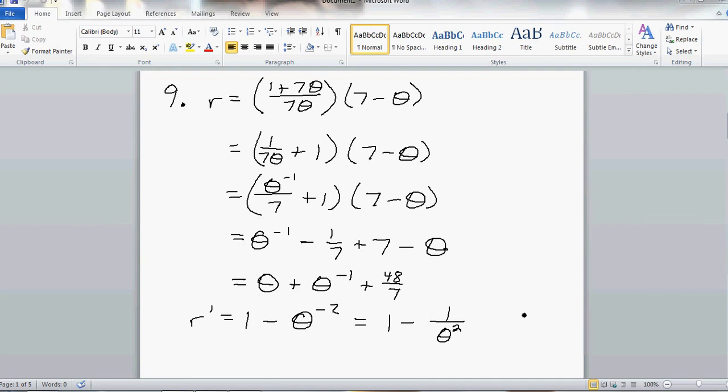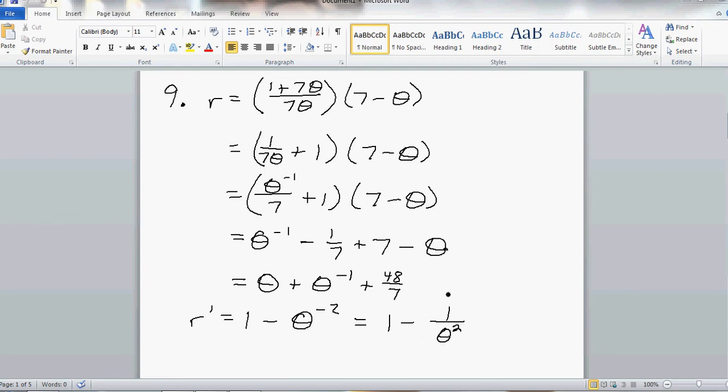Realize we could have done the product rule, but when we did the product rule, we would have had to do the quotient rule. We could have, and we would have ended up with this as our final answer. We could have multiplied this by this and just gotten a quotient and then done the quotient rule.